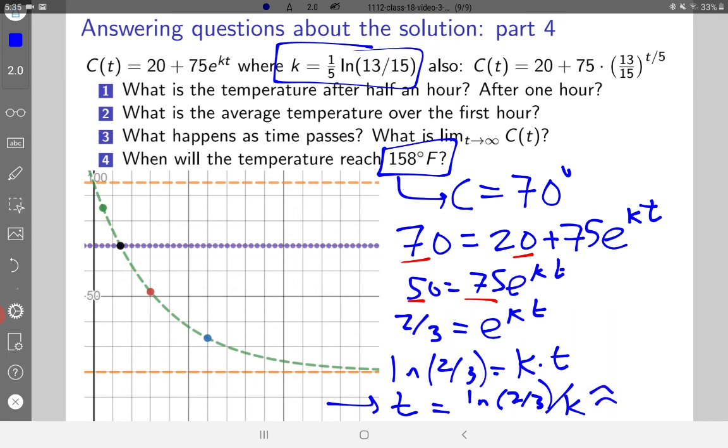I'll save you some time. Turns out to be about 14.17, and remember that's in minutes. So this is saying after about 14 minutes or so, that's when my coffee's temperature will have decreased from 95 degrees down to this optimal 70 degrees Celsius that I've chosen.